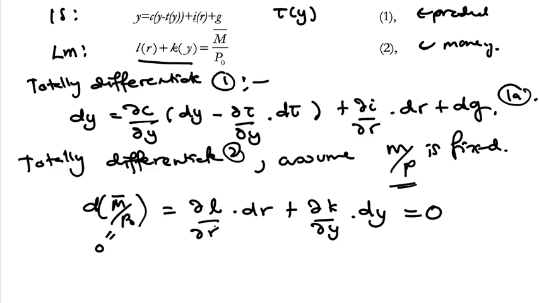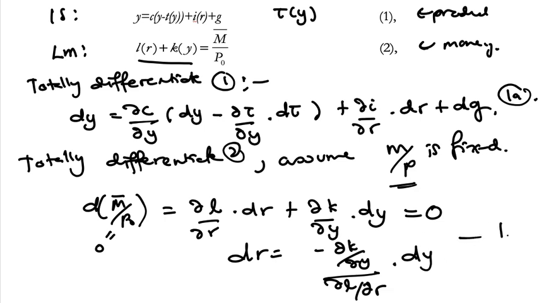Okay? Once you have this, rearrange it mathematically like what we did previously. You are going to get dr equals minus (delta K over delta Y) over (delta L over delta R) times dY.